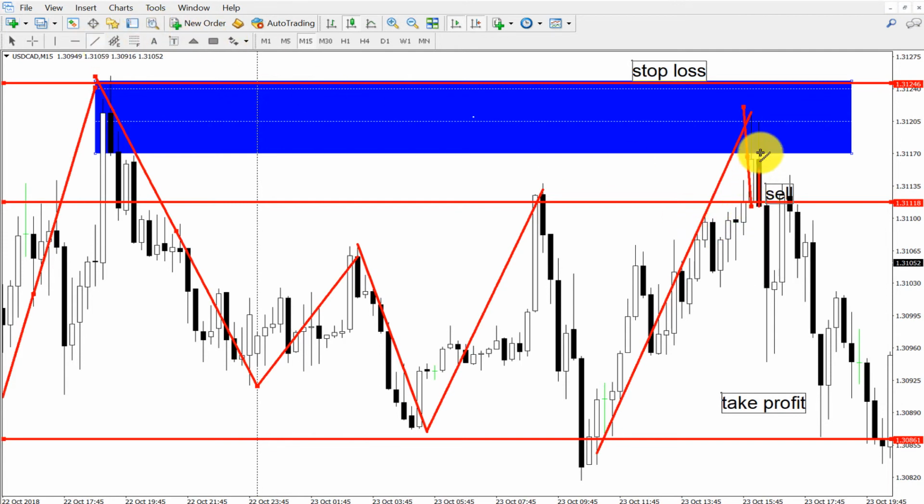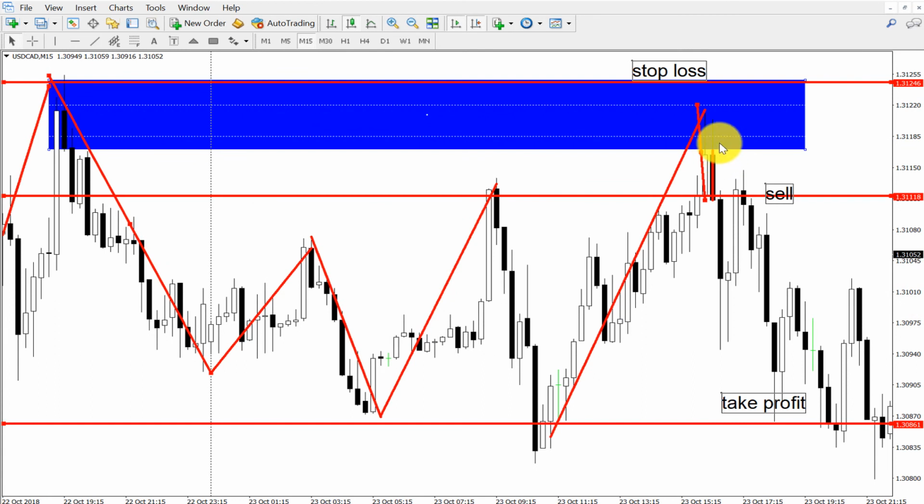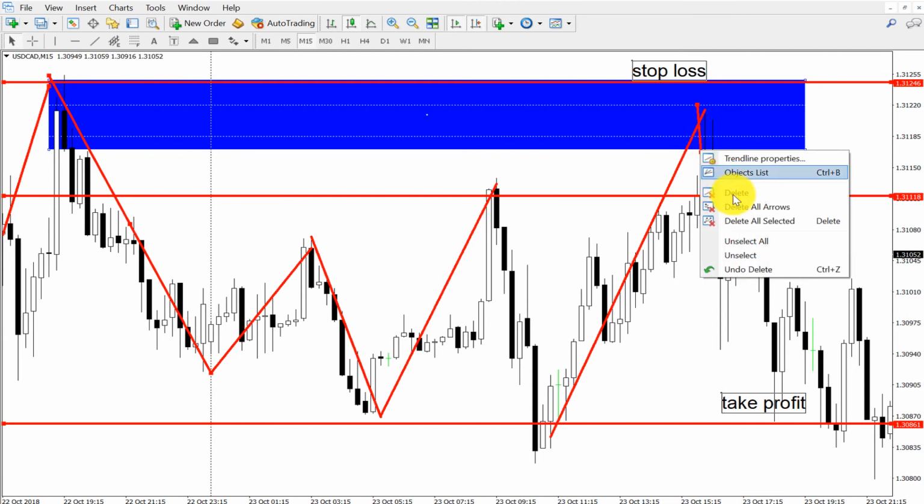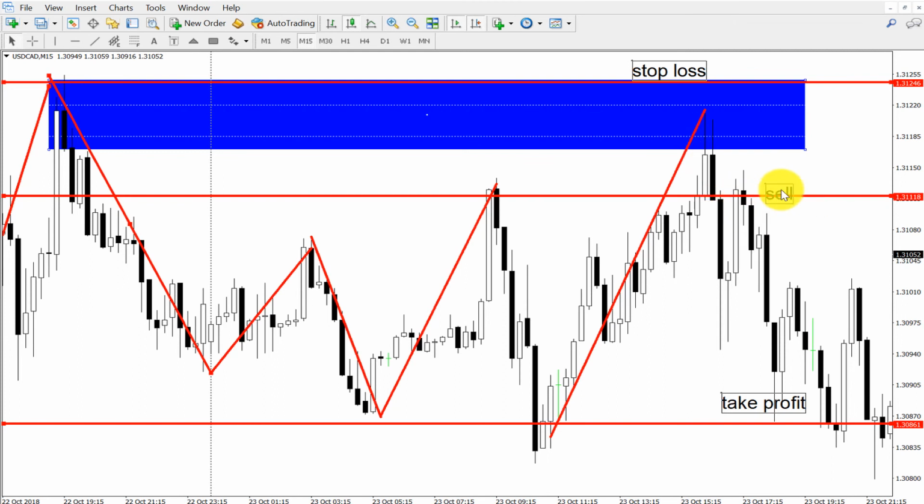Again, the next candle went from here to here, and then again price got rejected from here to here. Two candles got rejected from this zone. So this zone is a very important zone. So if we trade from this zone, then the possibility is very high that our trade will come in profit.